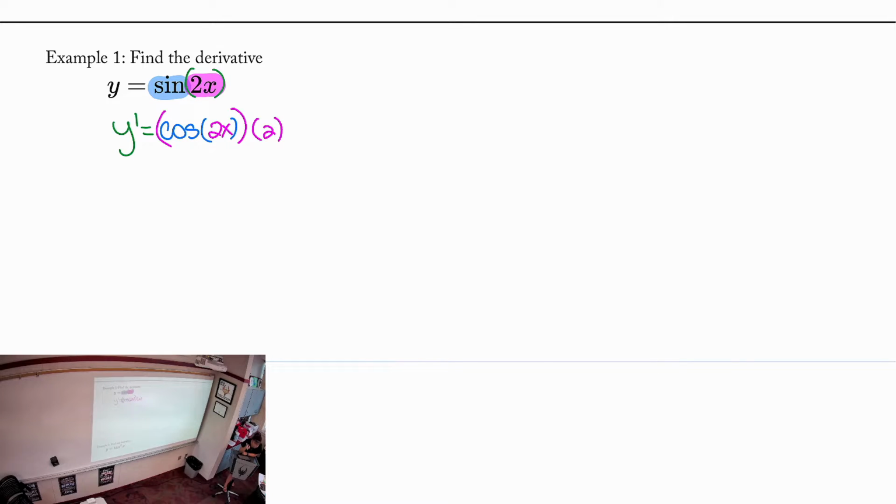Otherwise, it looks like that 2 is being multiplied by the 2x. The 2 is not being multiplied by the 2x. The 2 is actually multiplied by the entire cosine of 2x. If you don't put an extra set of parentheses, I will mark you wrong in your Gradescope, unless you write it like this. That is the answer.